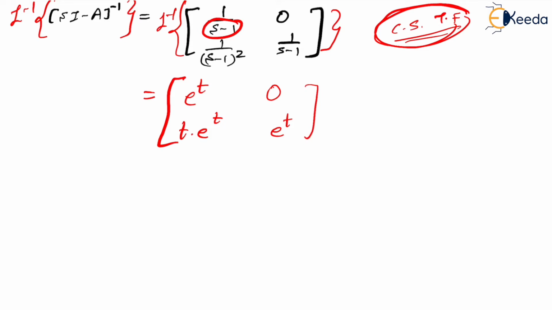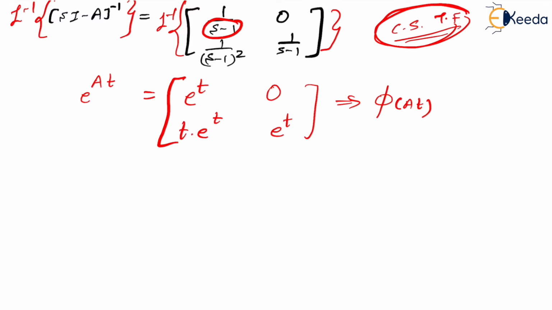By this time everything you should know, right? At least Laplace transform I can expect from you, right? Anyways, now let us use our formula. This is e to the power At as usual, also called phi of t, phi of At, right? This is nothing but that.